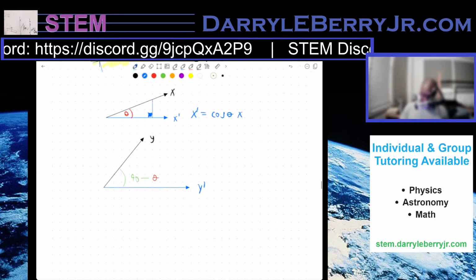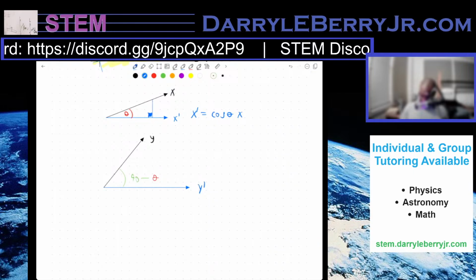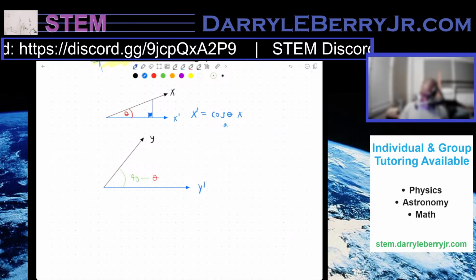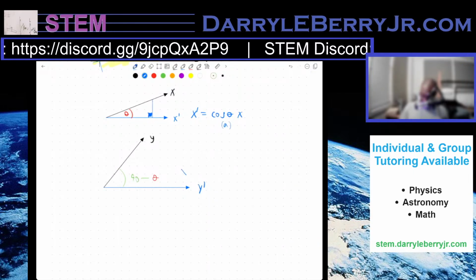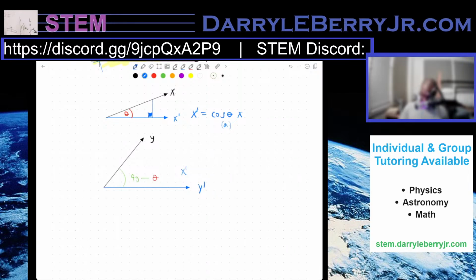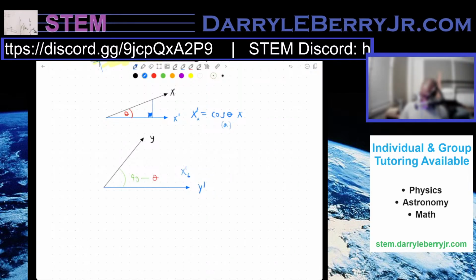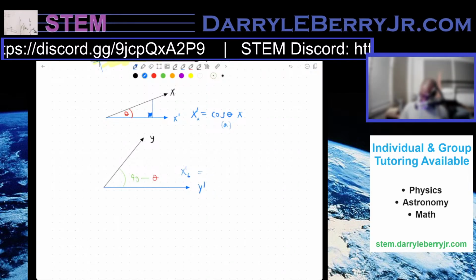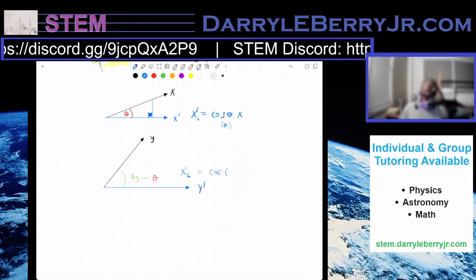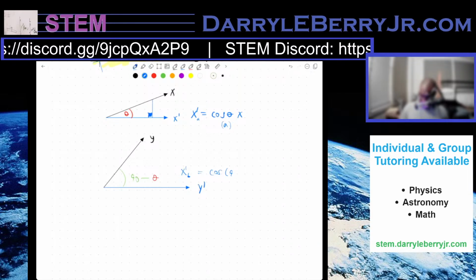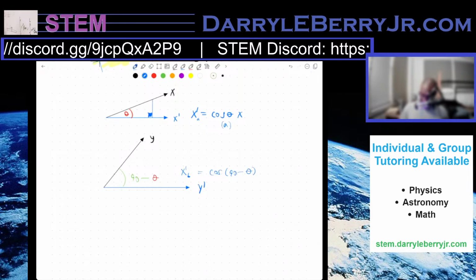So I guess I could say this is x prime A and x prime B equals cosine of 90 minus theta times x.